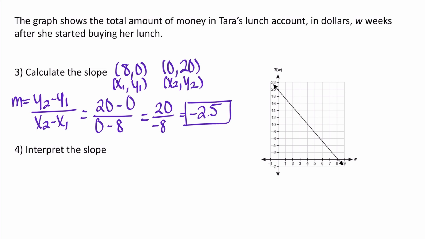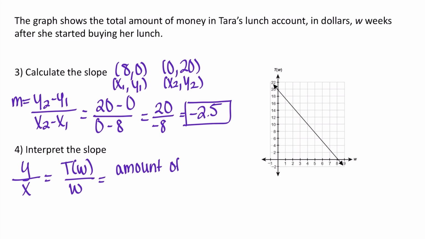Now let's interpret the slope. So slope, remember, is y over x. So in this case, it's going to be t of w over w. So that is telling us the amount of money for the number of weeks. Well, you can see here that the amount of money per week is negative, right?